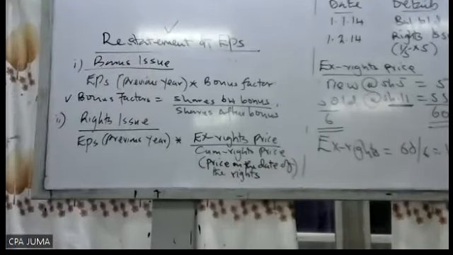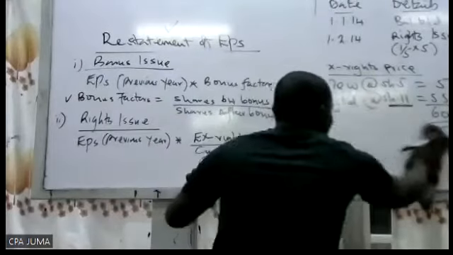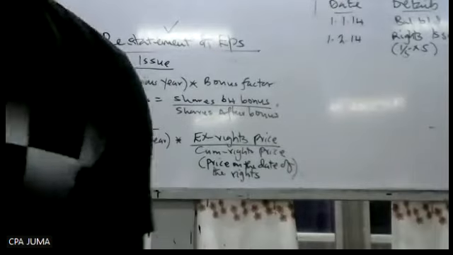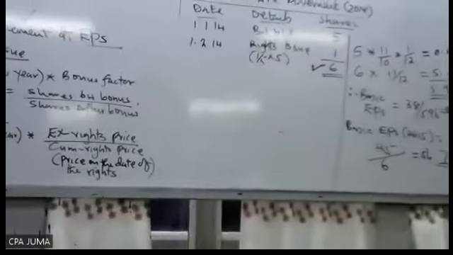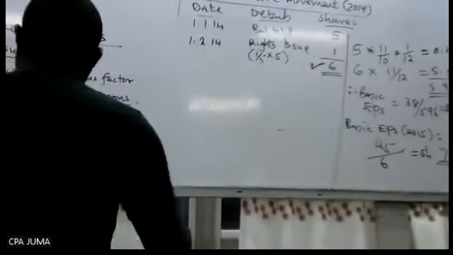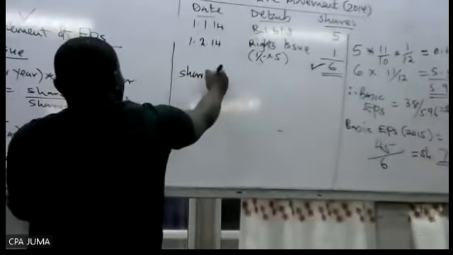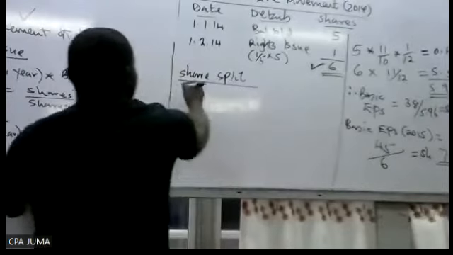These are formulas. All right, then let's go to reverse splits and share splits. Let's start with share splits. When it is a share split, this is what you do to restate.